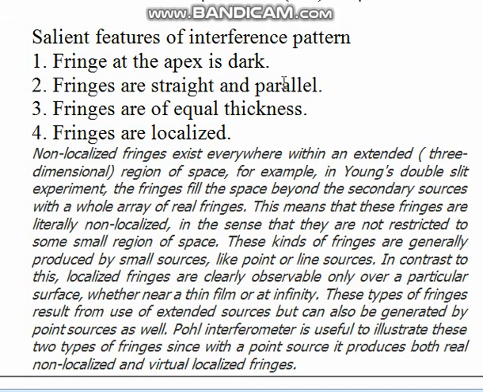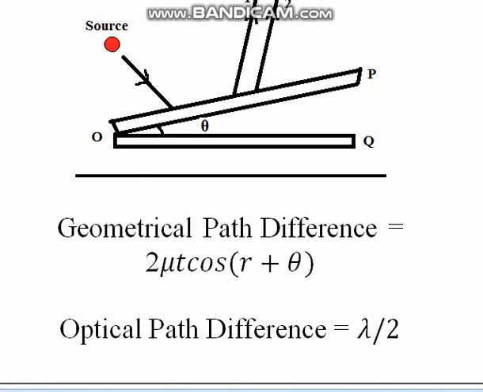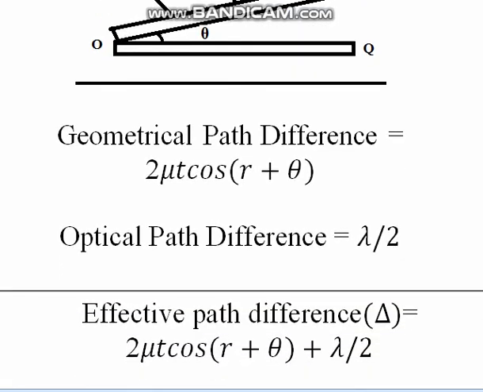In the case of an inclined film, the first feature is that the fringe at the apex is dark. What is the meaning of the first point? The fringe at the apex, that means the fringe at point O, must be dark. Why is it dark? Because at point O the thickness is 0.